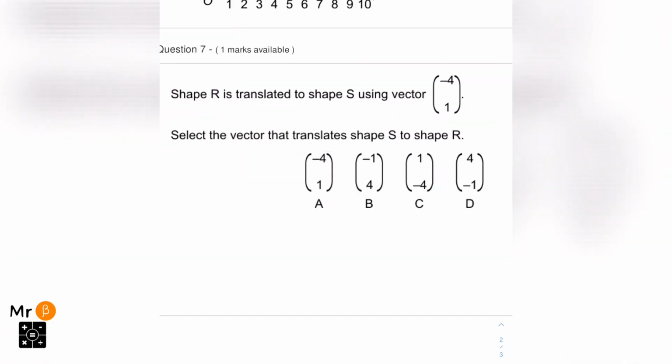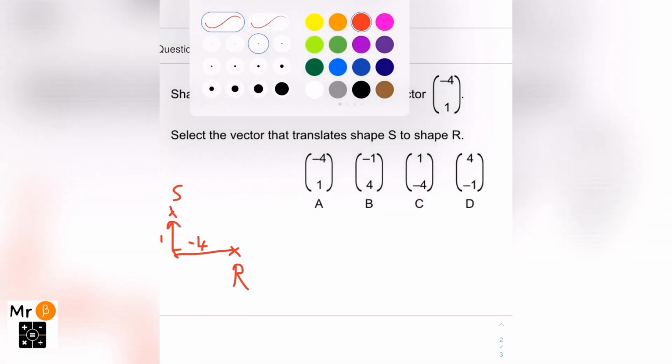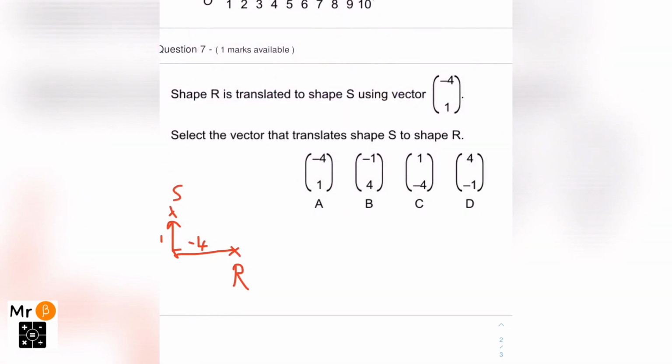Question 7. Again, it's always helpful to try and draw a diagram if possible. So if I've started at this shape R, it's told me that it's moved 4 to the left. That's that minus 4. And it's moved 1 up. And that has got us to the point S. It now wants us to work out how to get back to that place.